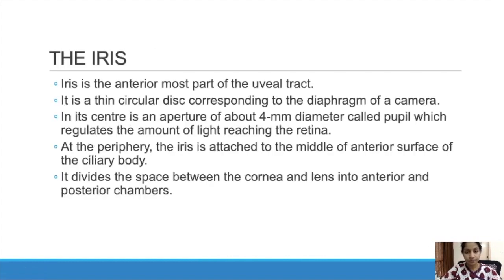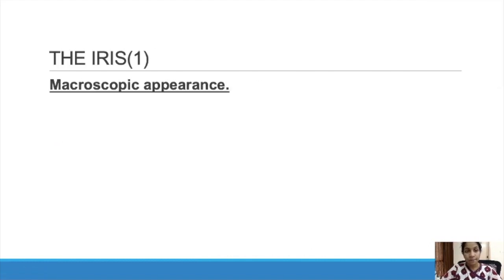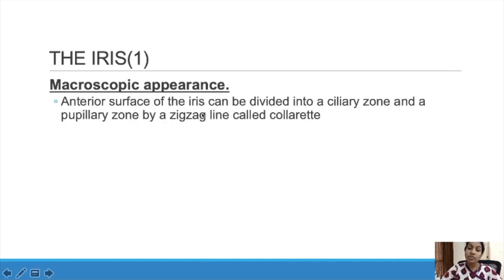Next comes the macroscopic appearance. The anterior surface of the iris can be divided into a ciliary zone and a pupillary zone by a zigzag line called the collarette. So this collarette is a zigzag line in between the ciliary zone and the pupillary zone. You have to imagine it like a disc. In the disc, in the middle, there is a hole.